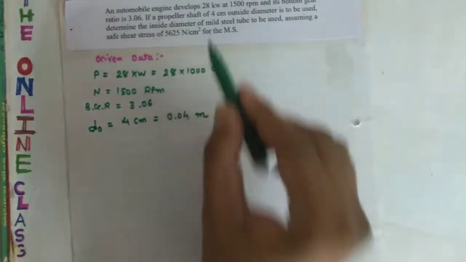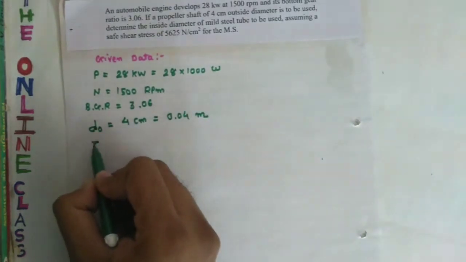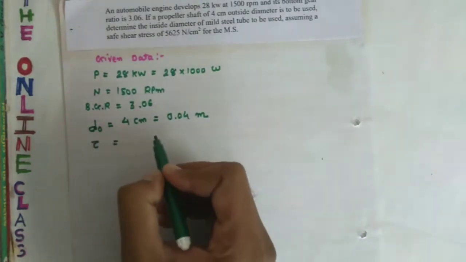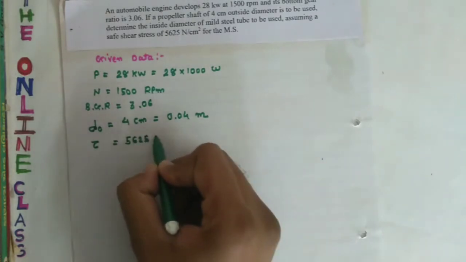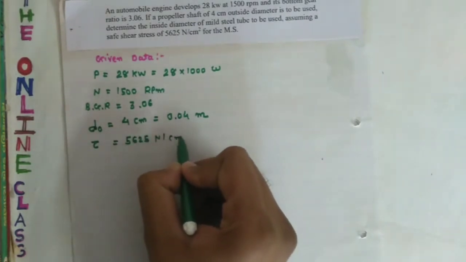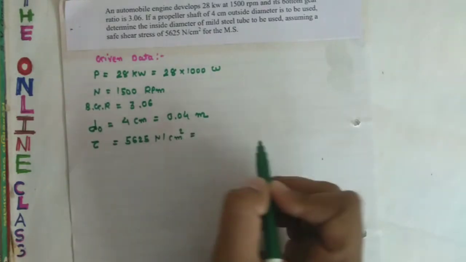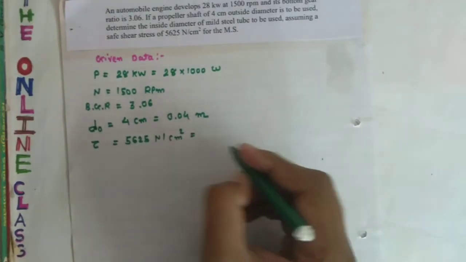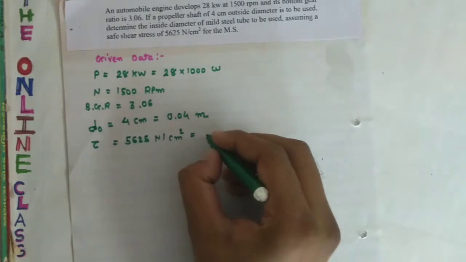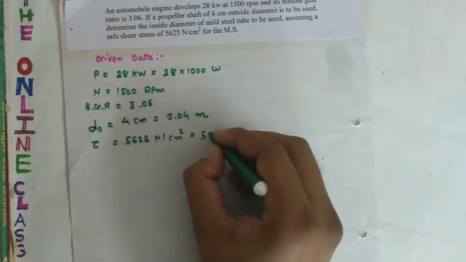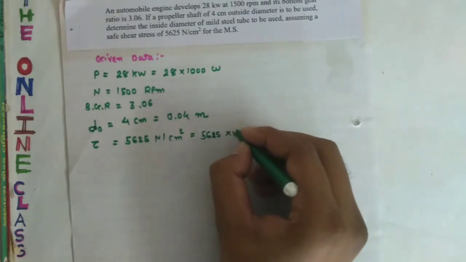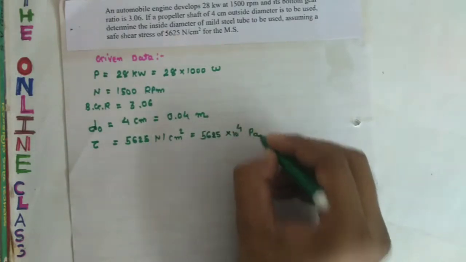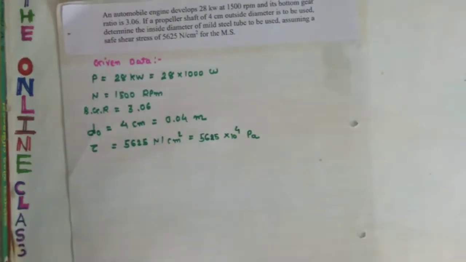The safe shear stress tau is equal to 5625 Newton per centimeter square. We have to convert to Pascal, so 5625 into 10 raised to 4 Pascal. So all the data is converted into respective units.